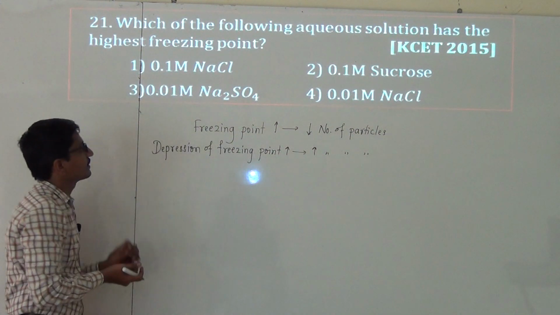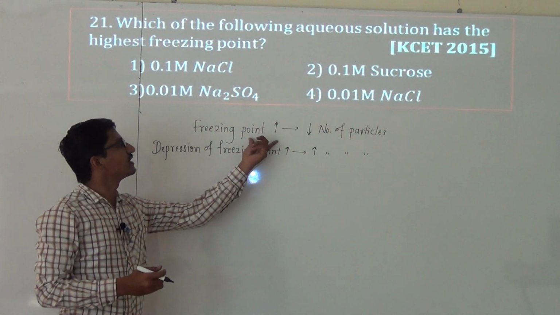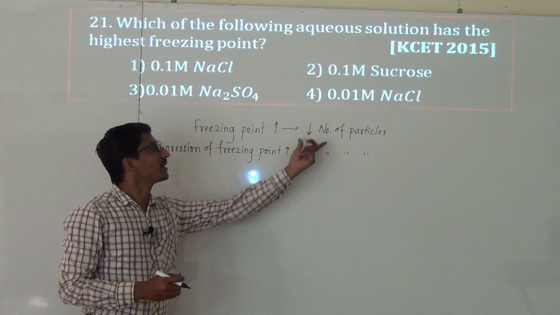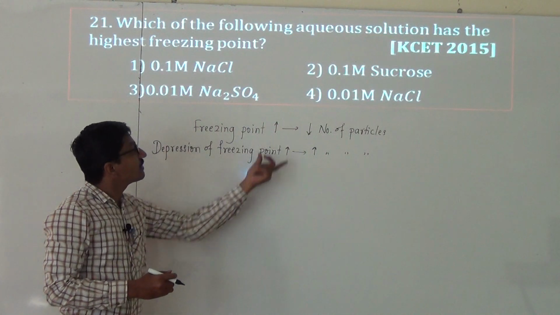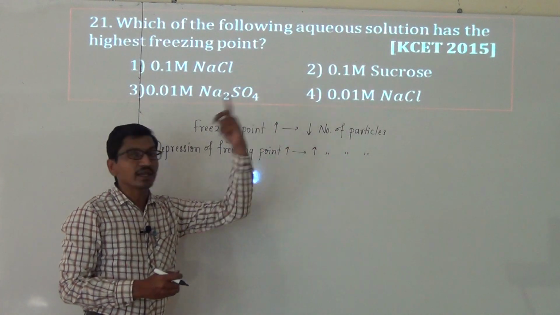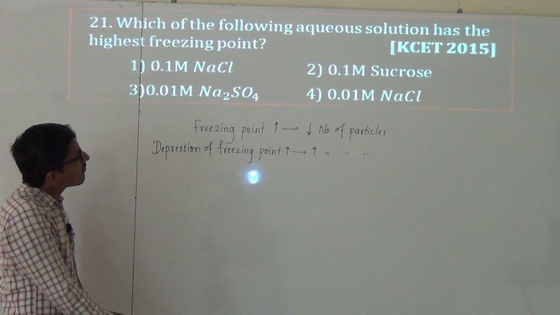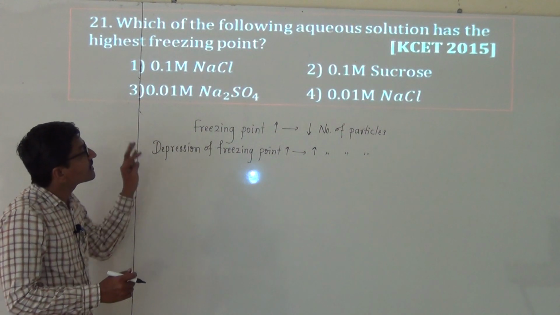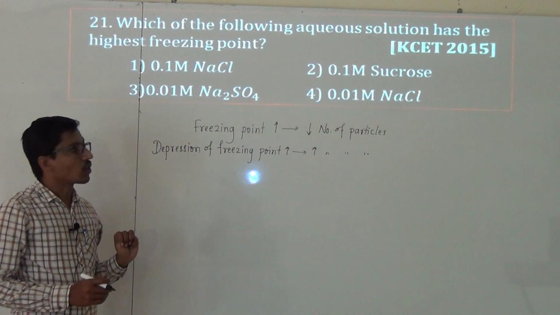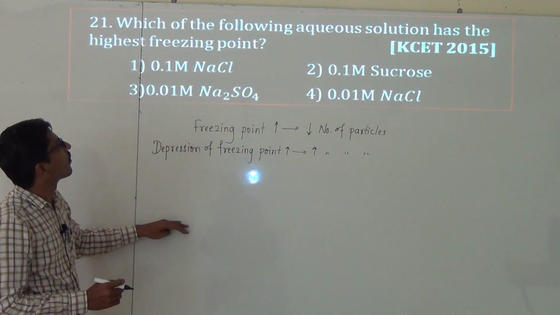This is the correct statement. Freezing point increases when the number of particles decreases. Depression in freezing point increases when the number of particles increases. In these four options, the number of particles depends on concentration. We have to see which one has the lowest concentration.